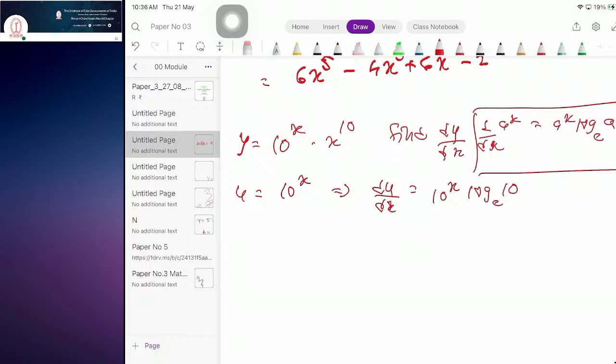Now v is x¹⁰, that is xⁿ, simple, dv upon dx. So that comes out to be 10x⁹. This is simple.